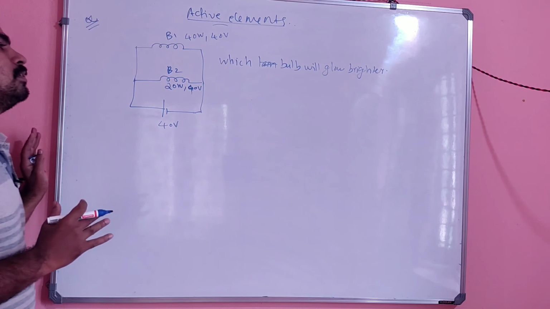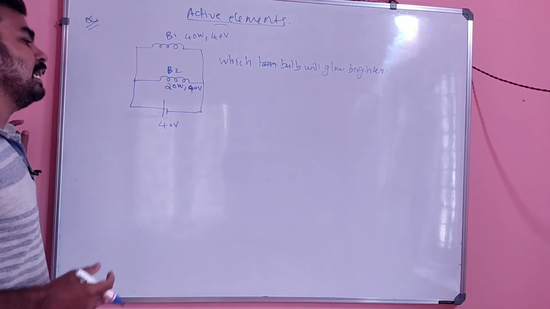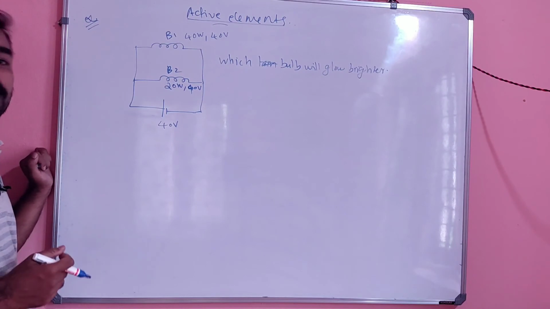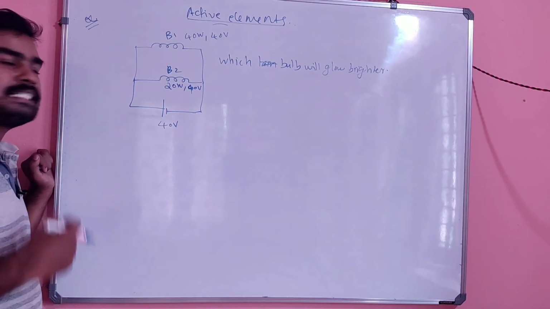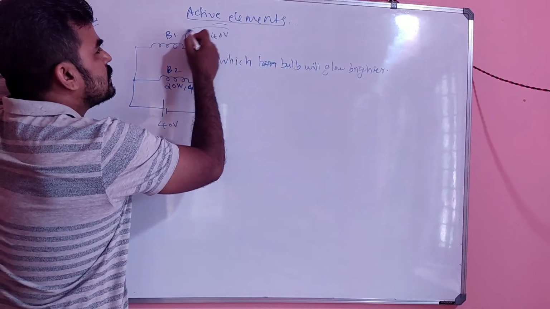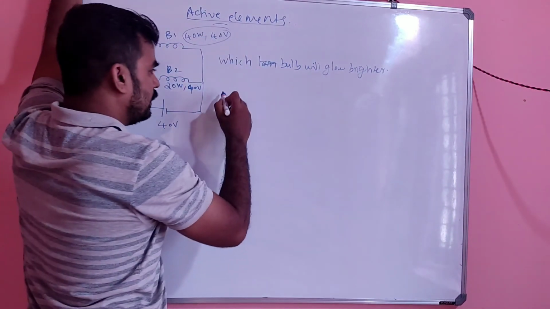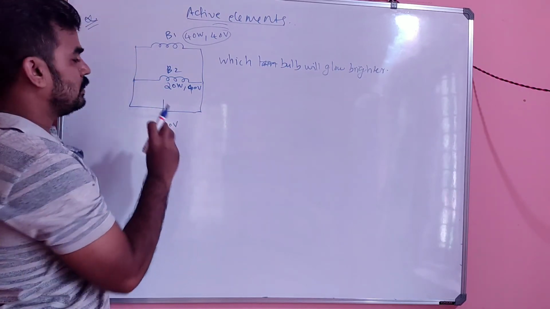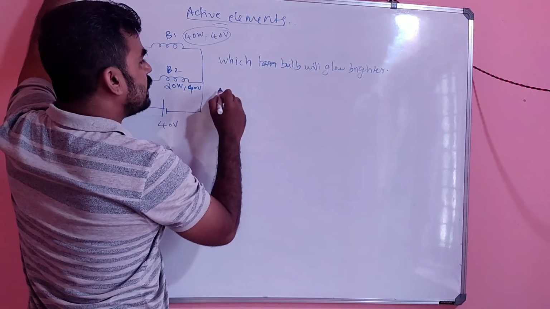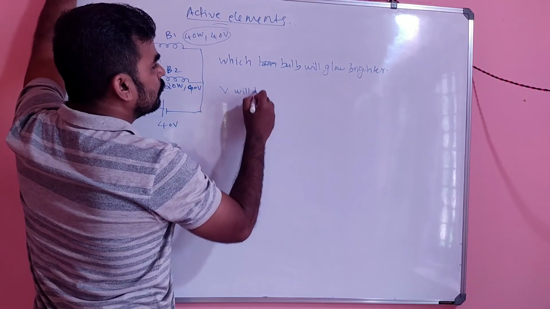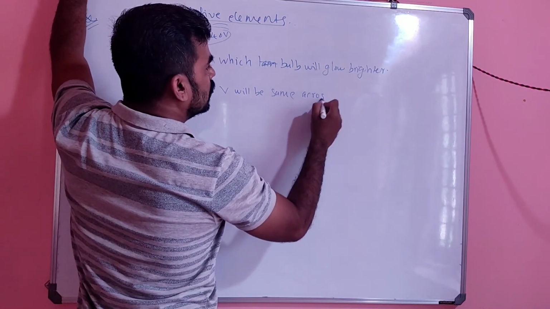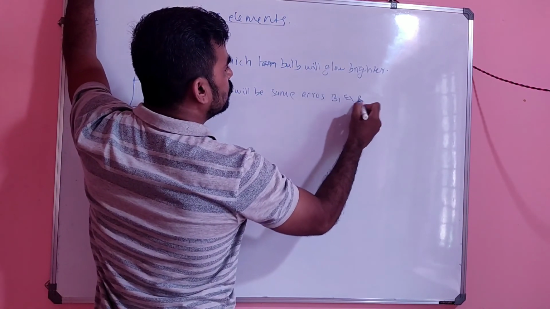Here you can follow the condition that in parallel connection the voltage will be same. So let's see what will be the resistance of lamp B1. The core concept here is V will be same across B1 and B2.